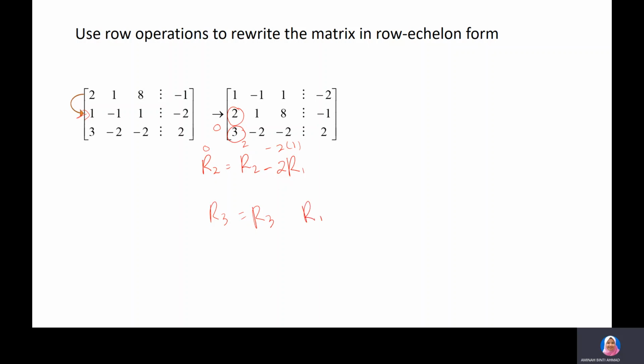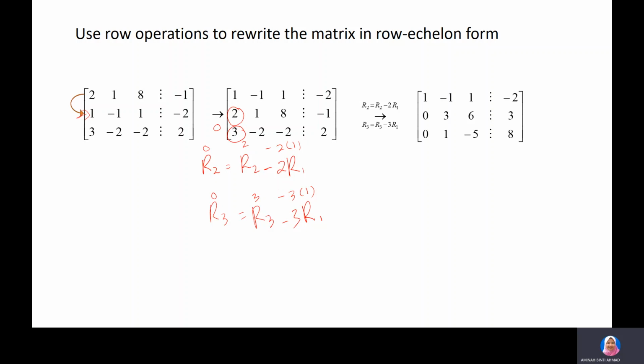We have row 3 equal to 3, and we want to make sure this equals 0. The value here in row 1 is 1, so we can just subtract 3 times 1 so that it will be equal to 0. So row 3 minus 3 row 1, and you get the equation.